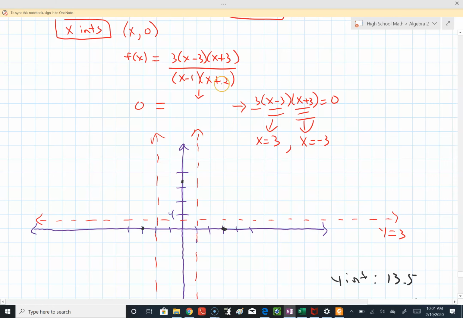Let's think about this fraction as I get very close to this.